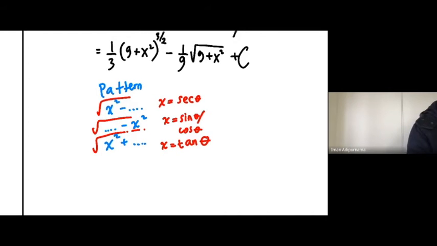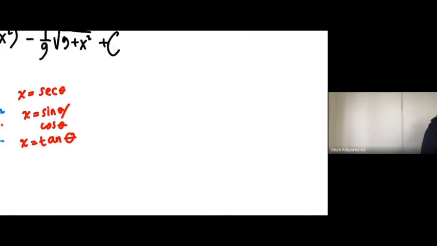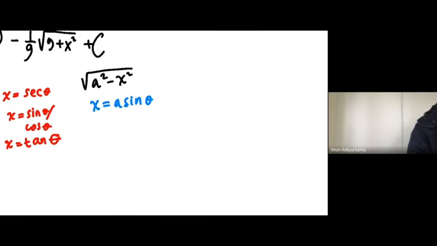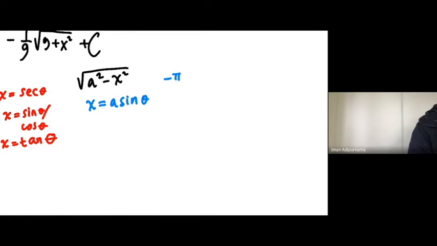Or let me write the whole thing. Okay? The official one. So if you have a squared minus x squared, so this should be x is a sine. Let's just write a sine theta. Okay? You can write also cosine. And the theta should be from this interval.